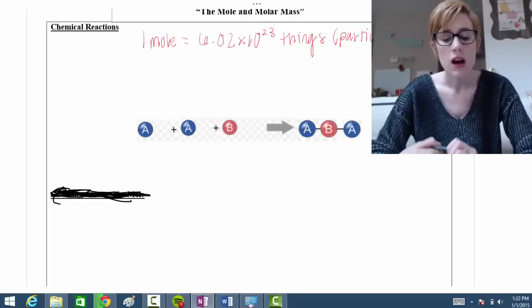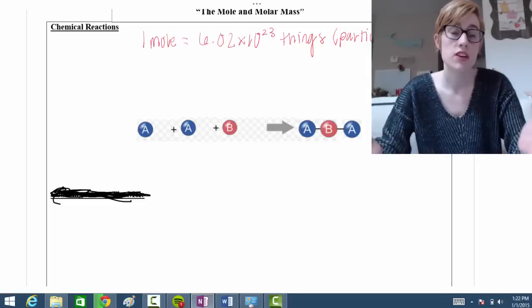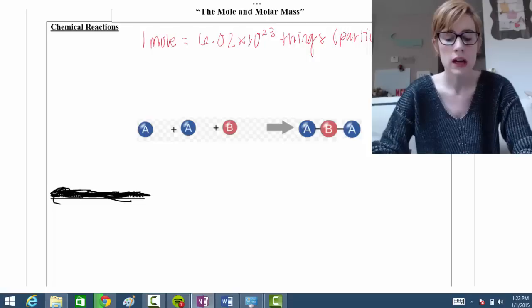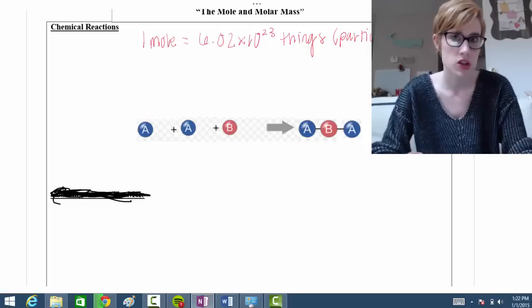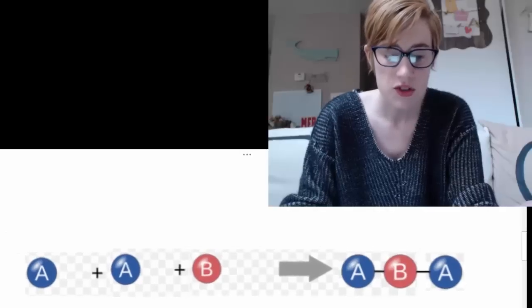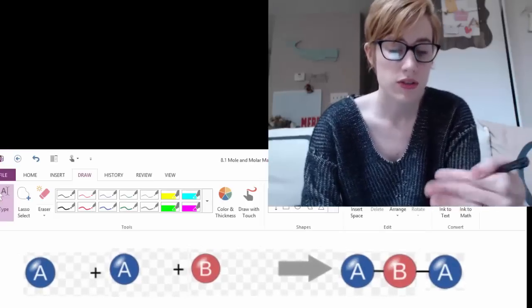Well, to help you visualize the need for the mole, I drew a sample chemical equation here on my paper, and as you can see, I've shown two different types of atoms.